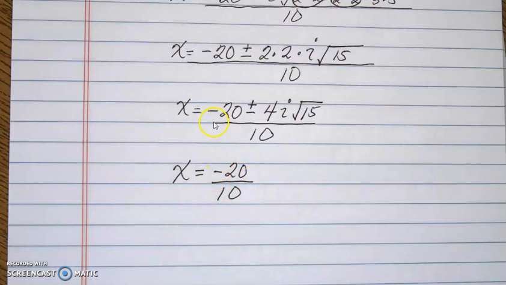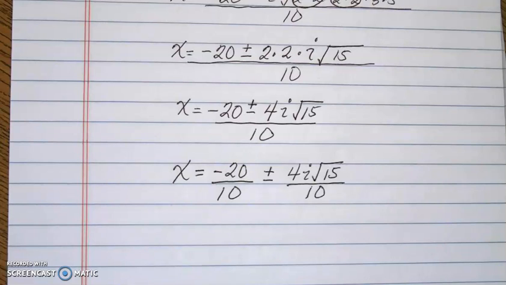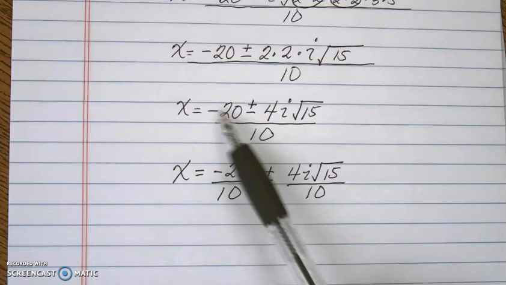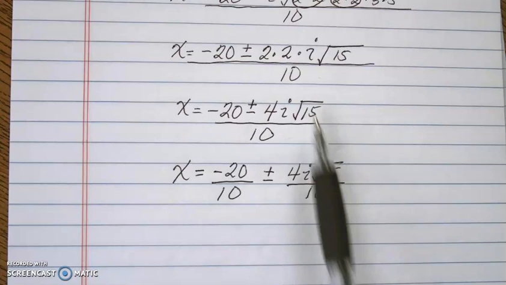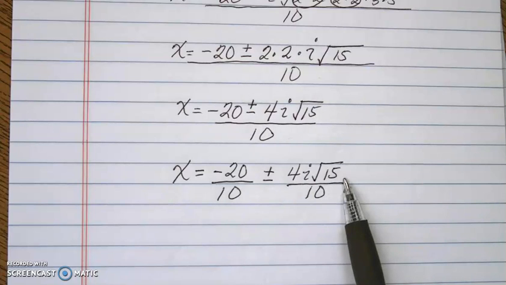So that's going to be negative 20 all over 10. And then you will have a fraction here also that's going to be plus or minus this. All right, so once again, you have separated this expression into two fractions. So this is negative 20 over 10, and then plus or minus this 4i square root of 15 over 10.